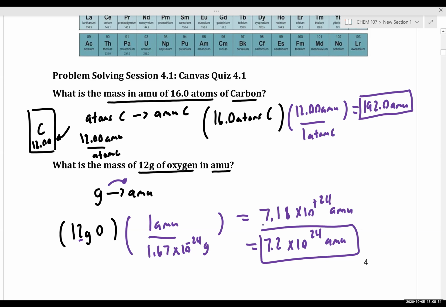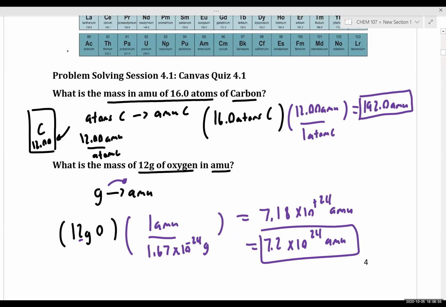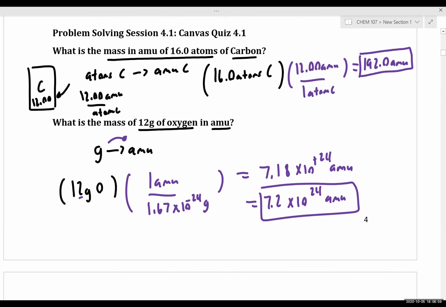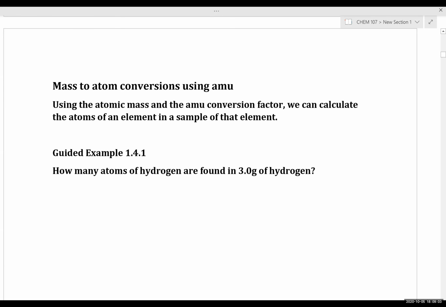Does this example make sense? Yes. Perfect. So let's discuss mass to atom conversions.